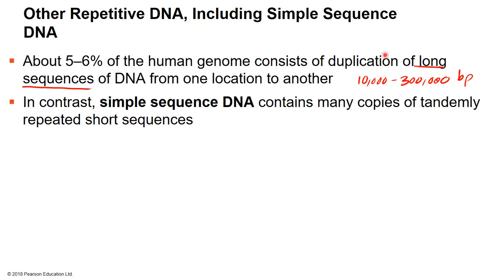And these long sequences might contain genes. So it's not necessarily non-coding DNA. They might contain some genes, which means that some genes might also be duplicated, as we will see, inshallah, today, how they are going to be duplicated. Some genes are actually duplicated within our genome.